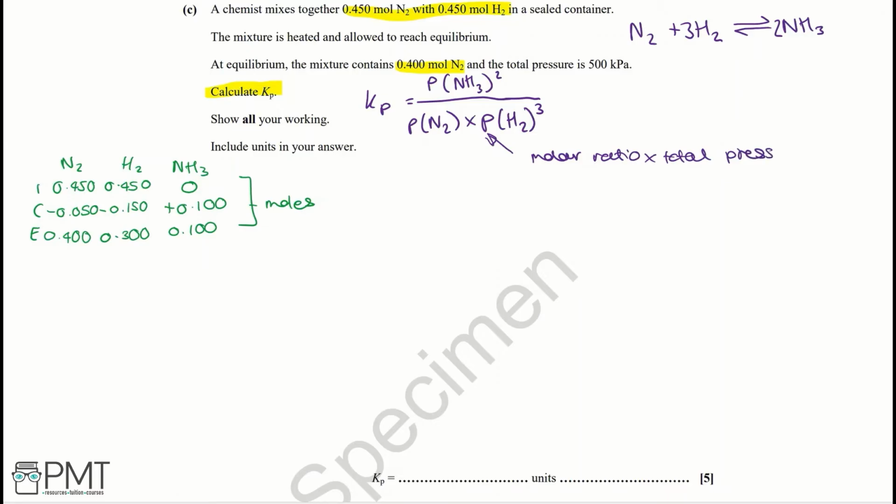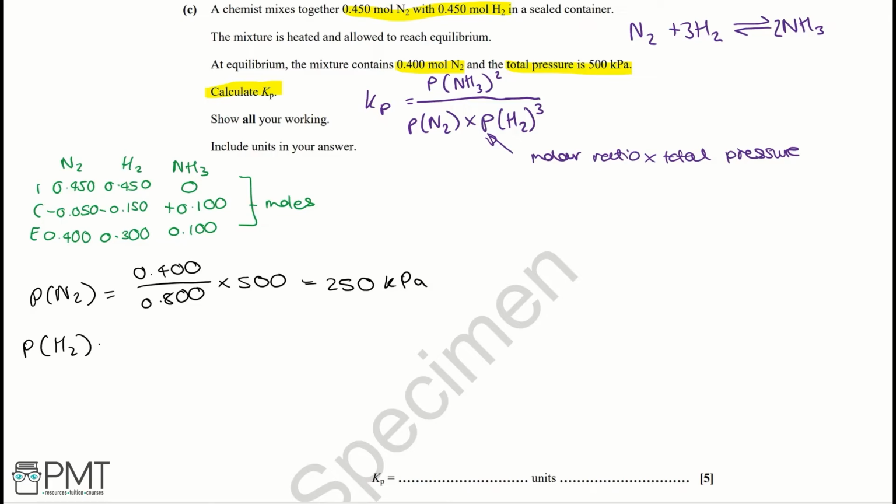If we start with working out the partial pressure of N2, it is going to equal 0.400 divided by 0.800, that's our mole fraction, times 500 because that is our total pressure, 500 kilopascals. That equals 250 kilopascals.